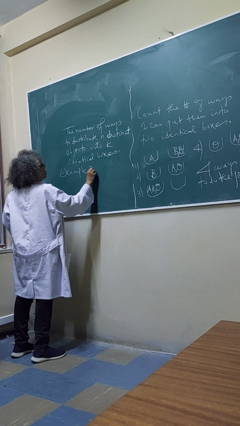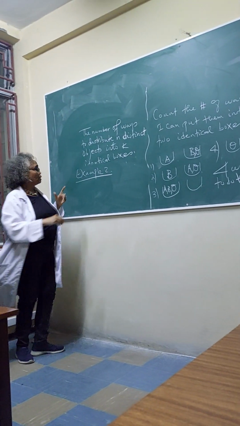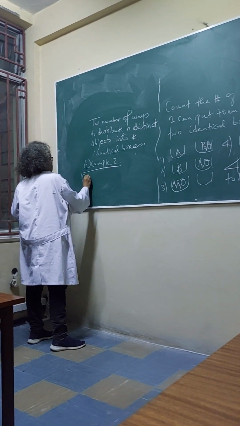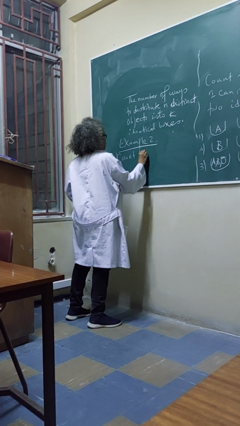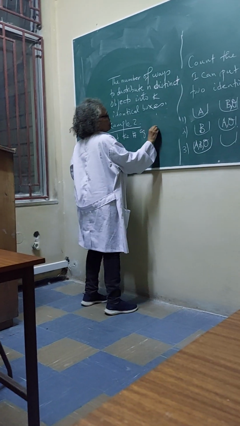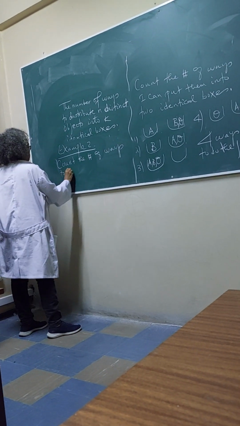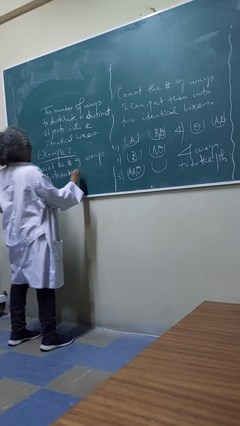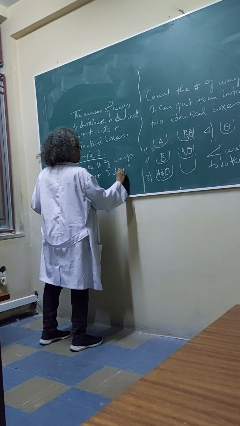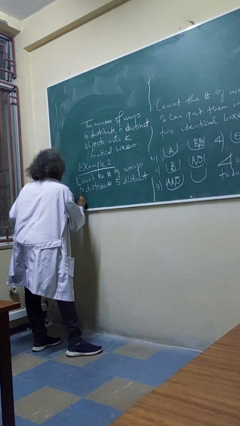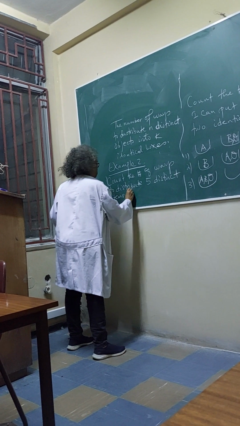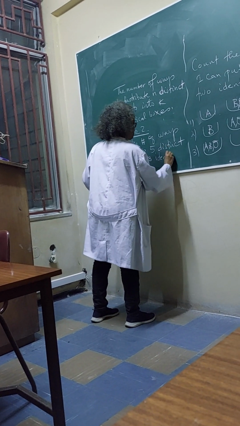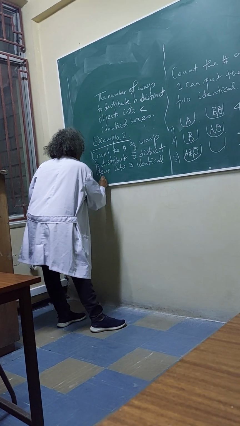Example 2. Suppose I want to count the number of ways to distribute, let's say, 5 distinct balls, items, into 3 identical boxes.